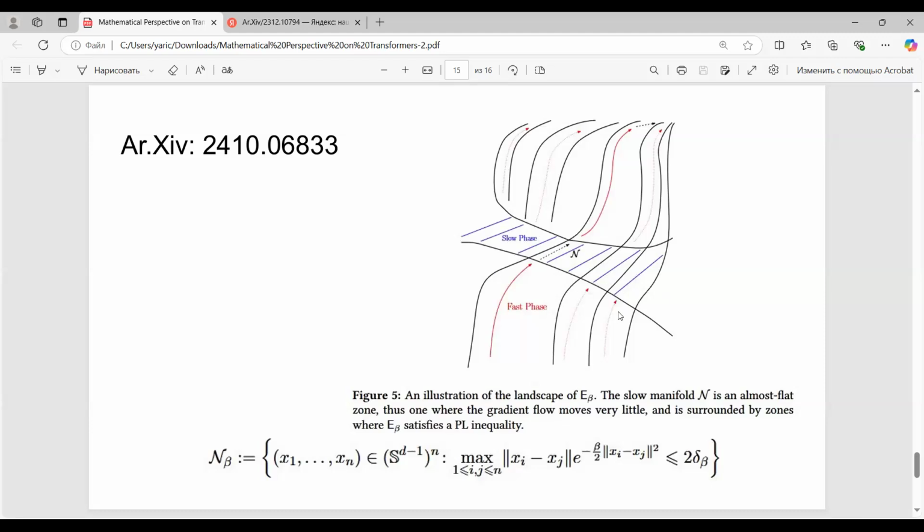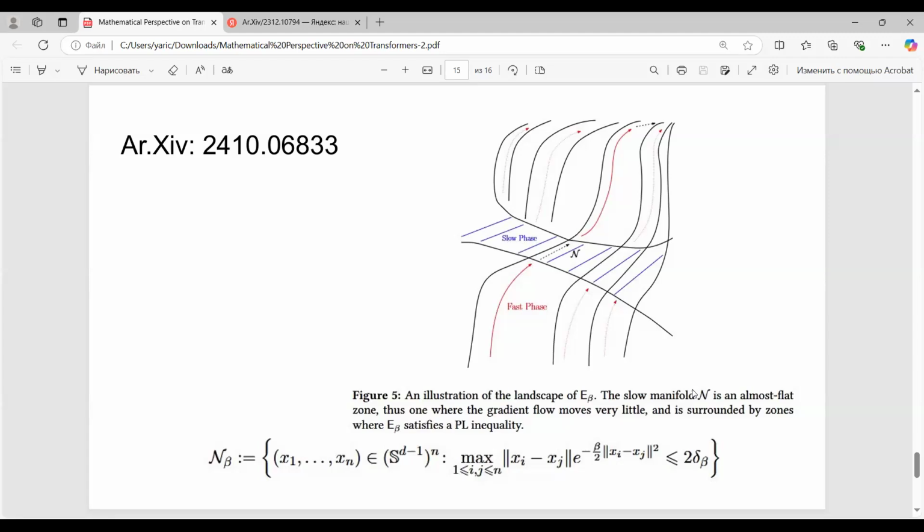The slow manifold they introduced is defined by a single inequality actually, where they struggle to derive any formula for this constant delta beta in their proofs.